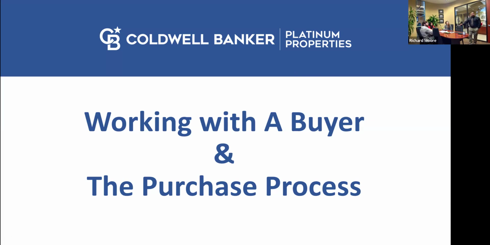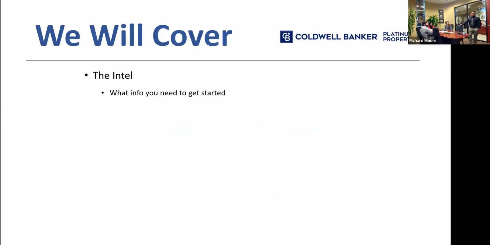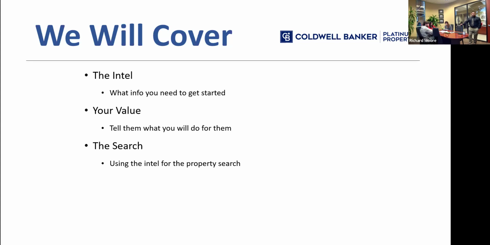So today, we're going to cover intel, what we're going to need to get started. We're going to talk about your value, tell them what you're going to do for them. The search, using the intel that you find for the property search, or the intel that you end up getting from them, right?